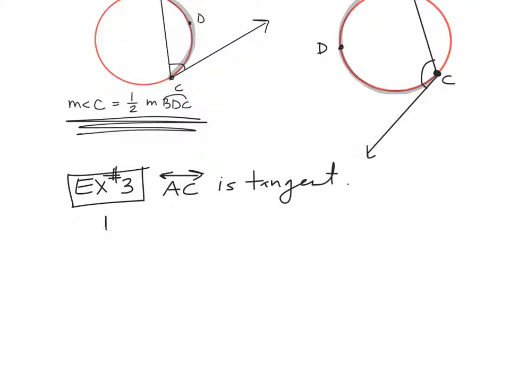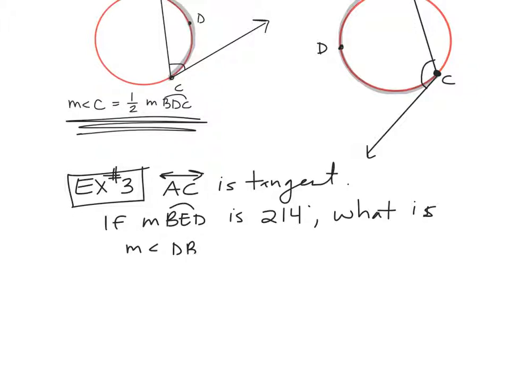And then if the measure of arc BED is 214, I want to know what is the measure of angle DBC.